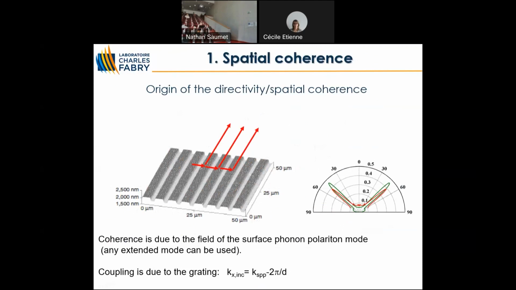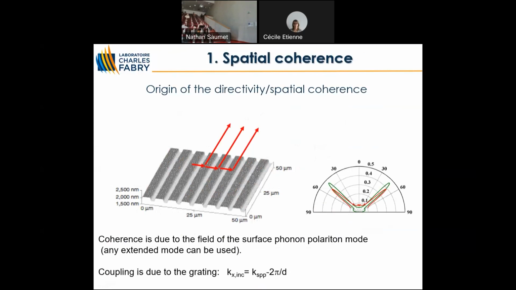So they will be scattered by this ridge, this ridge, this ridge, this ridge. It's the same surface wave. It has a given wave vector. You apply the grating law. This is your surface plasmon being diffracted, and you end up with a given angle of direction here, which is the emission angle.